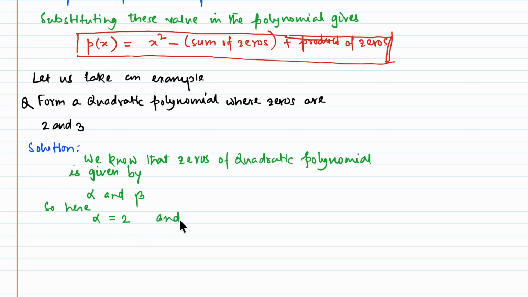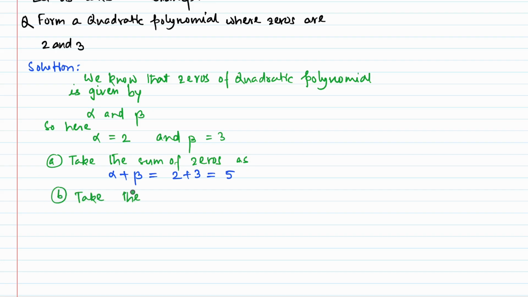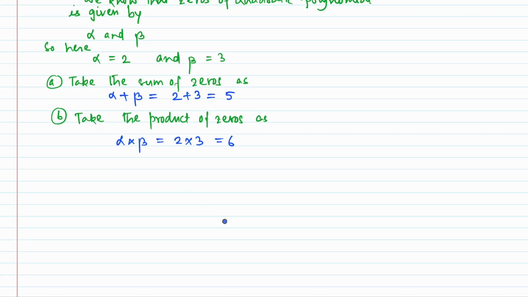So here alpha is 2 and beta is 3. Very simple, we just take the values. Now, take the sum of the zeros, that is alpha plus beta, which is equal to 2 plus 3, that is equal to 5. Now take the product of zeros as alpha times beta, which is equal to 2 times 3, that is equal to 6.